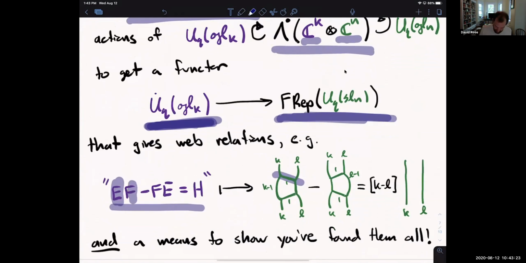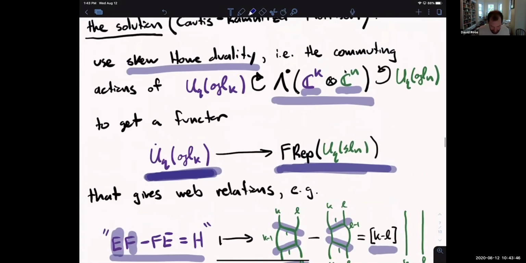This F here is that one tilted that way. You notice over here I just see them tilted in the opposite order. So I see something which looks like EF, minus something which looks like FE, and then I see something which looks like the weight that we're living in, which is determined by the k and the l down here.